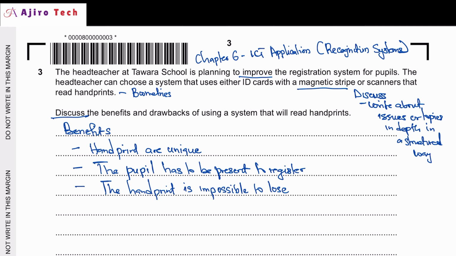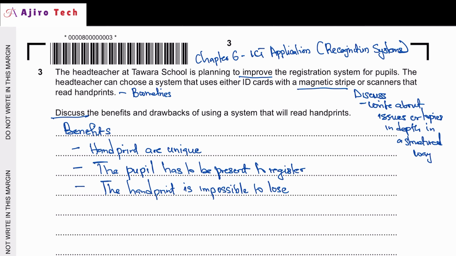He's a kid, she's a kid, of course they will forget. But they can't tell the teacher, teacher, I forgot my hand. Oh my God, how can you forget your hand? Use that hand and register, to check in present. So this is very important. It is impossible to lose.